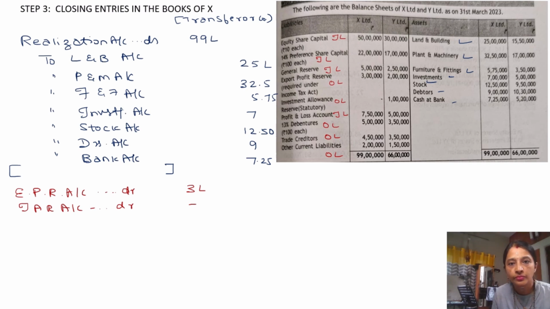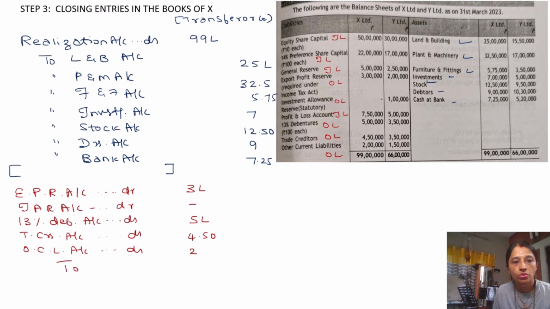Then 13% debentures account debit, amount is 5 lakhs. Then trade creditors account debit, amount is 4,50,000. Then other current liabilities account debit, 2 lakhs.